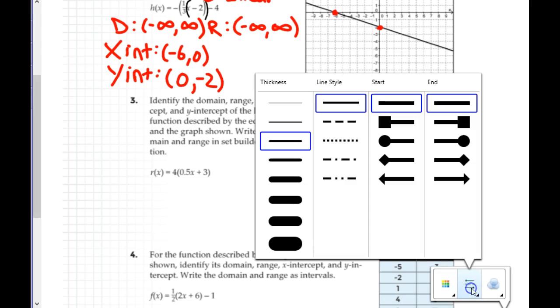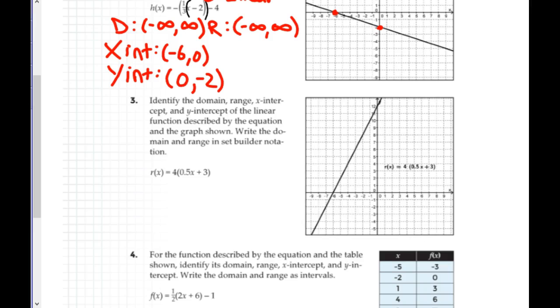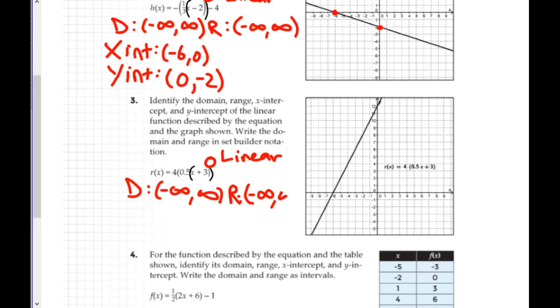Again, on all these there are supposed to be parentheses. Domain and range, once again, this is linear. There's no exponent, so it's linear. Domain is still negative infinity to positive infinity. The range, negative infinity to positive infinity.